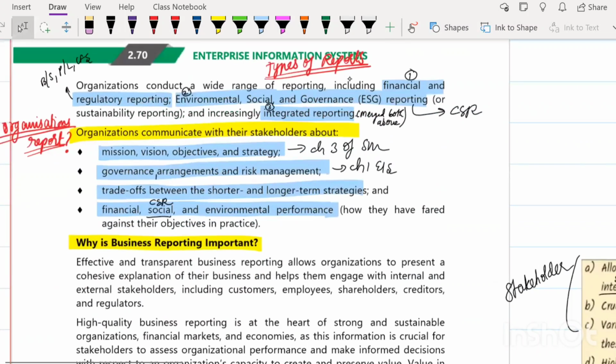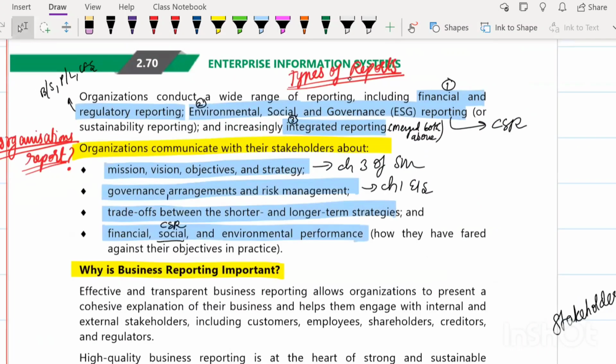So what are the types of reports that can be there? First you have your financial and regulatory reporting. That is nothing but your balance sheet, profit and loss and cash flow statements. Then you have environmental social governance reporting, also known as ESG reporting.